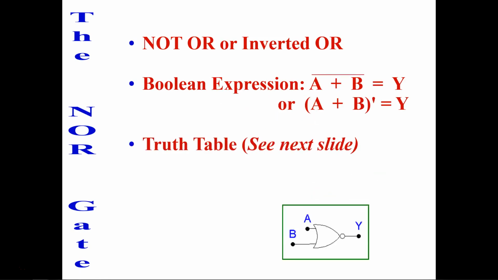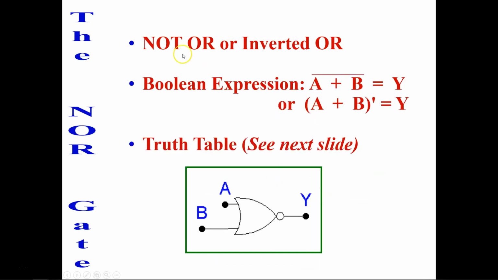Now the next gate is the NOR gate, and the NOR gate is derived from the NOT gate and OR gate, or you can say inverted OR gate, and this is the Boolean expression for the NOR gate. I hope you remember, for the OR gate we use this expression where A plus B equals Y. So in the NOR gate we are going to just add the complement here, so this complement represents your NOT gate.